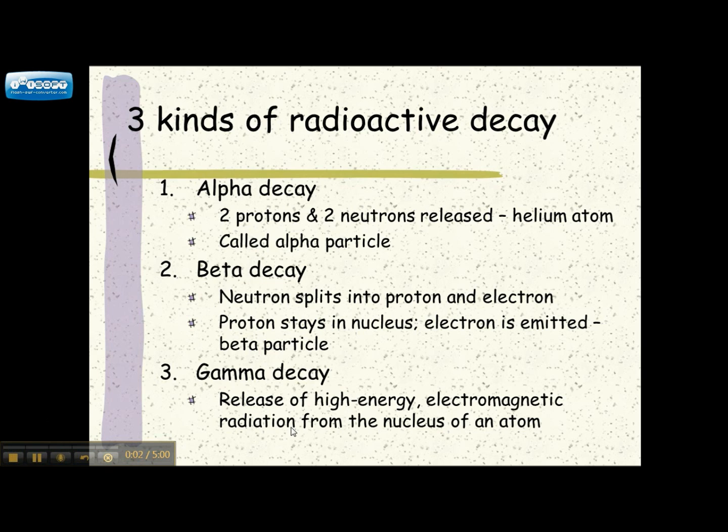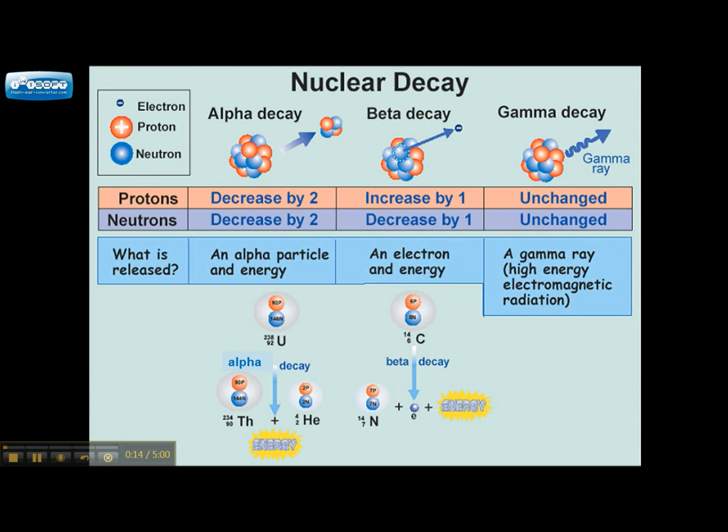So now let's look at how the nucleus and the particle that is released is going to change, specifically looking at number of protons and neutrons. So for alpha decay, you take your original nucleus of your radioactive substance and you're releasing a large particle.